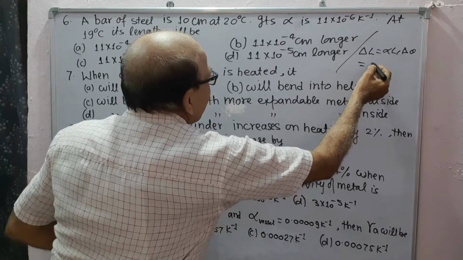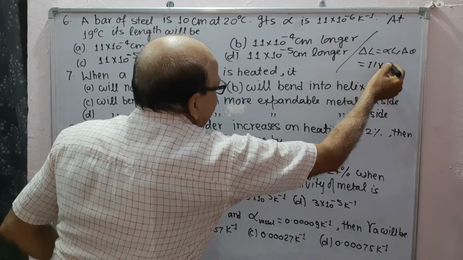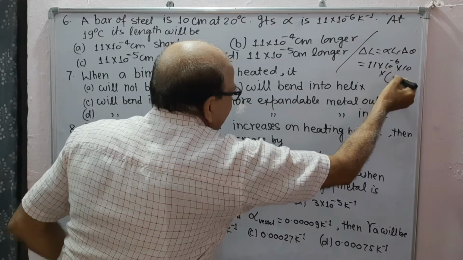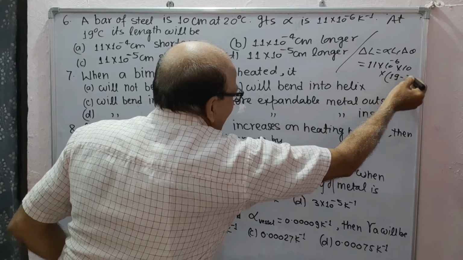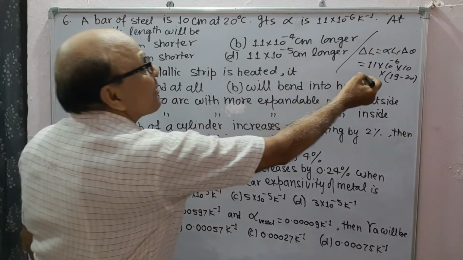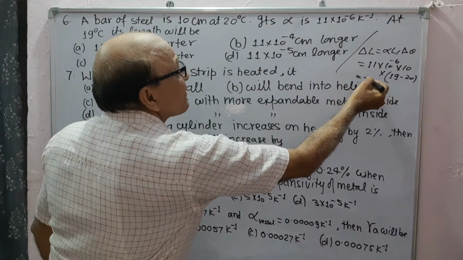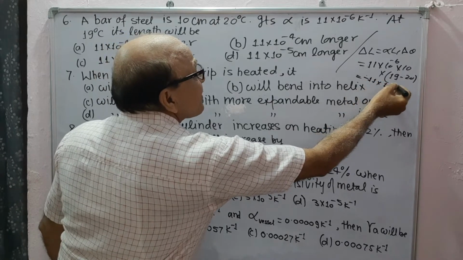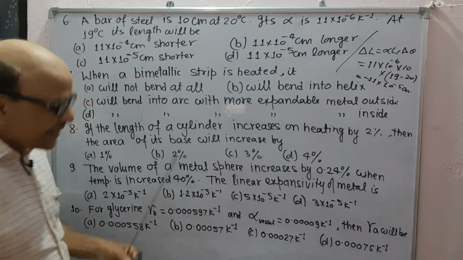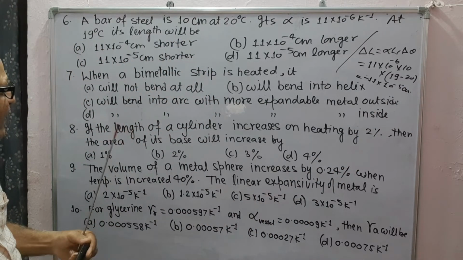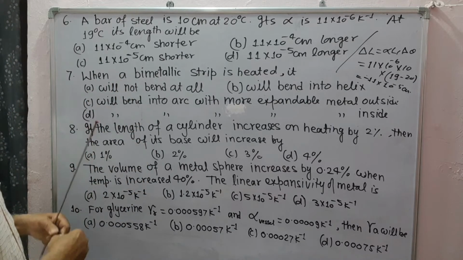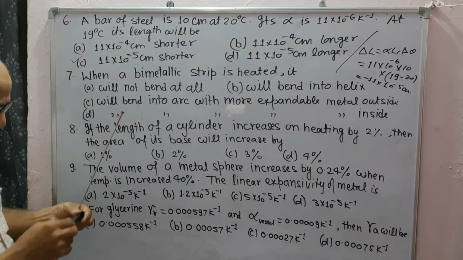This is alpha 11 into 10 to minus 6, L1 is 10, into 19 minus 20, that is final temperature minus initial temperature, and after calculation it gives minus 11 into 10 to minus 5 cm. The negative sign indicates that the length has been shortened by this much. Therefore, the correct option will be C.